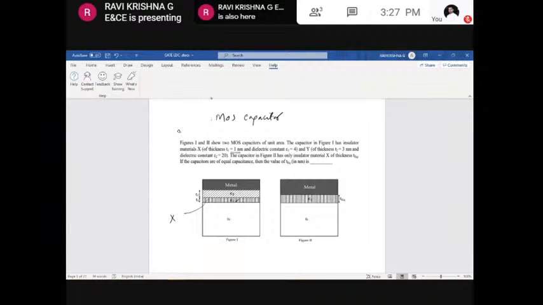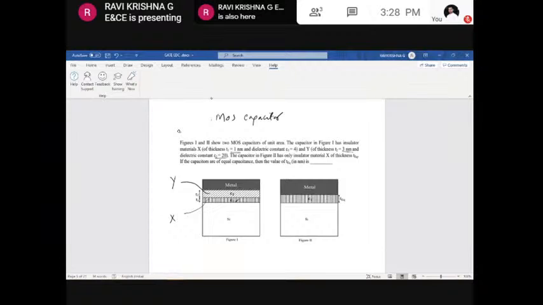It also has one more dielectric material over this, of Y type, which means these two dielectric materials are of different types. The dielectric constant of the Y material is 20, and it has a thickness T2 equal to 3 nanometers.